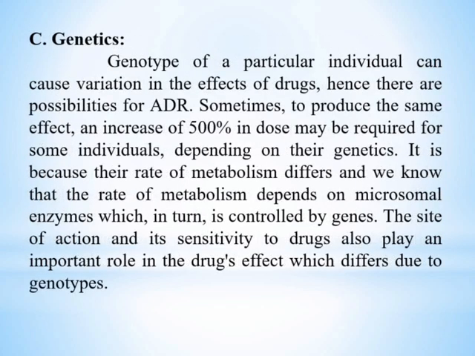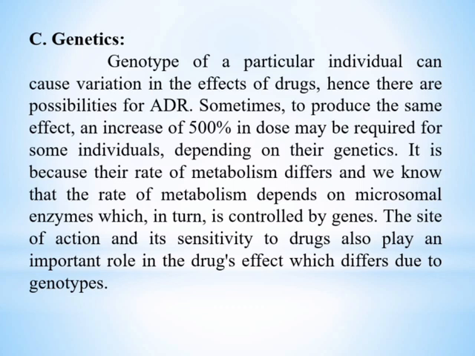Some genetic makeup, or genotype, of a particular individual can cause variation in the effects of drugs. Hence, there are possibilities of ADR sometimes to produce the same effect. An increase of 500% in dose may be required for some individuals depending on their genetics.